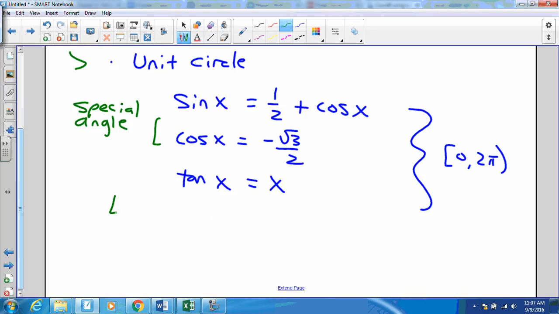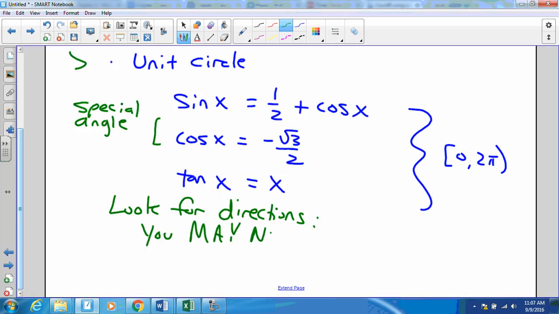So look for the directions. It was always written as you may not or you may use your graphing calculator here.